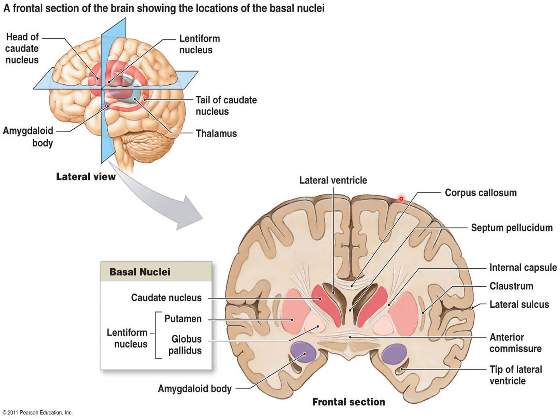Here this is a frontal section of the brain, wherein this is the caudate nucleus, and this is the putamen, the inner globus pallidus and the outer putamen, which together make up the lentiform nucleus.